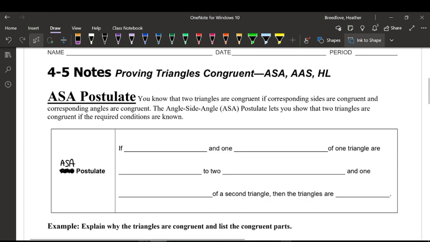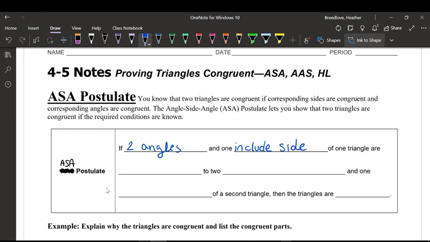Okay? Two angles and one included side. It's included because it's in between the two angles.